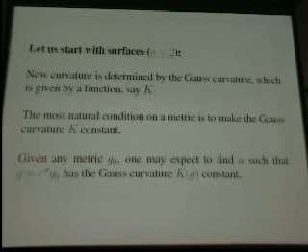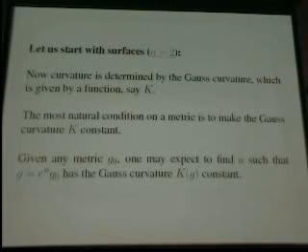Then we start with the surface case, namely the case where the dimension is 2. Now the curvature, the Gauss curvature, is basically given by one function. Since the curvature is simply one function, the most natural condition on a metric is to make the Gauss curvature constant, because that's the simplest function, a constant function.